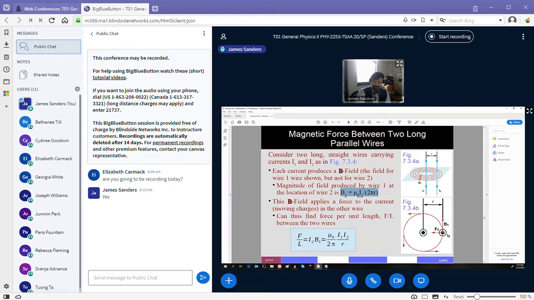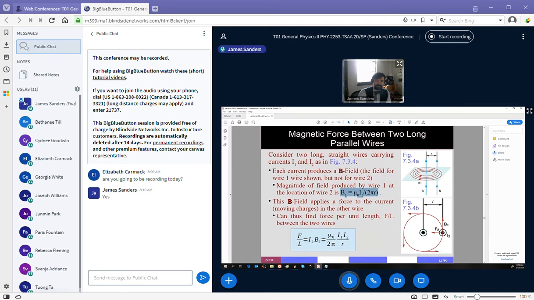So that basically tells you how much force there will be: B1 times the length of the wire L times the current I2 that's in the wire. Sometimes we express it using a force per unit length, shown here, force over length. That should be the current in this wire times the magnetic field produced by this one.